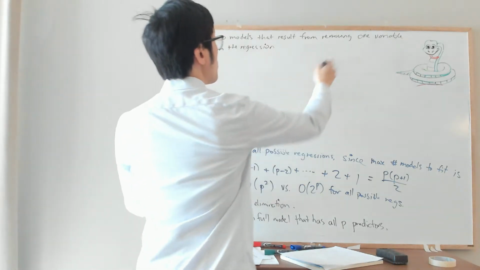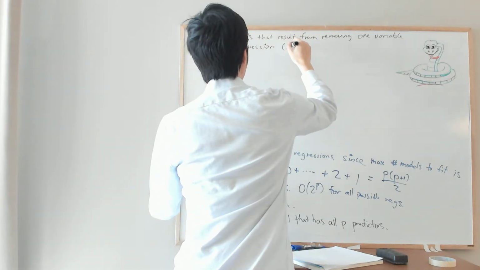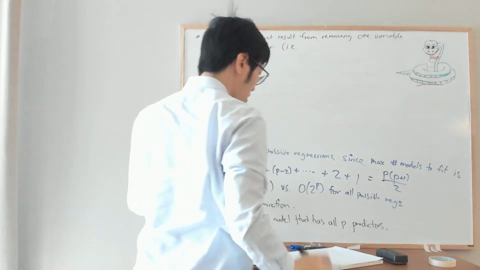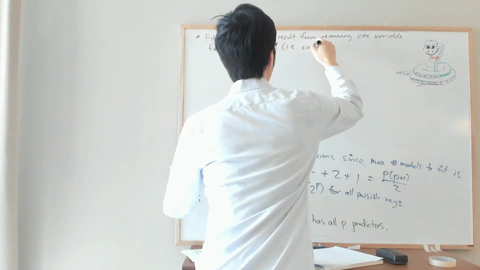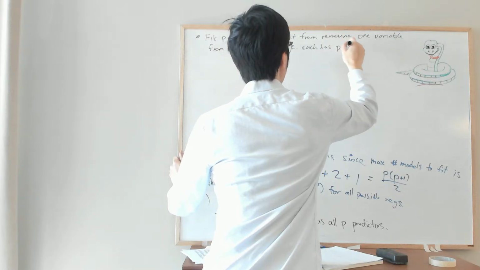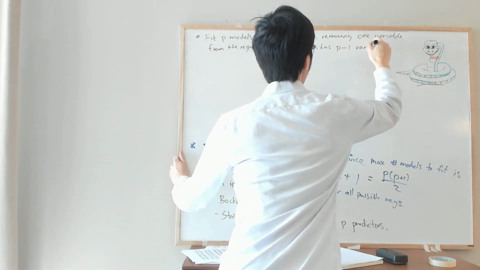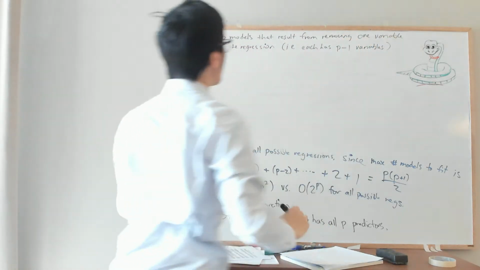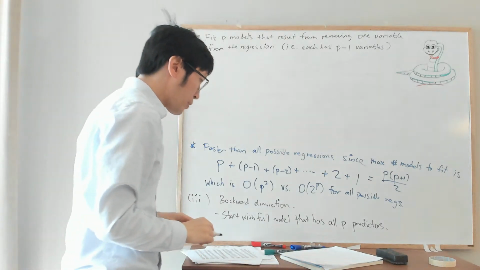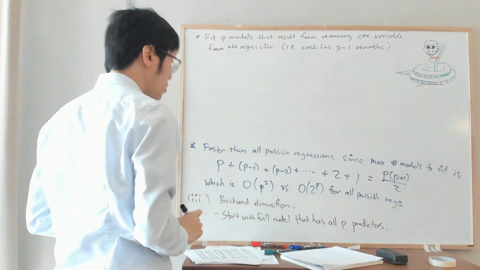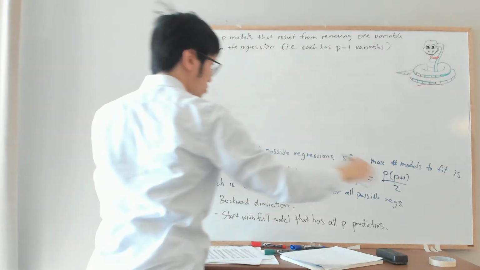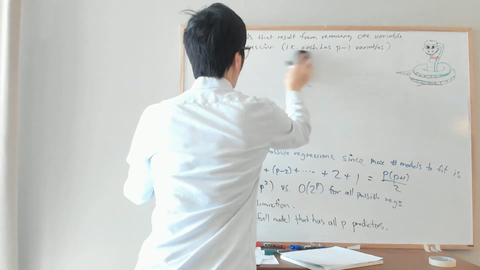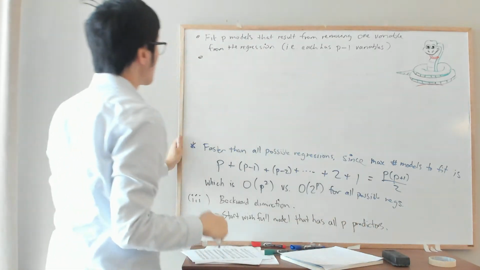Okay, and so if you remove one variable, it means each of these possible regressions of these P has P minus 1 predictors. Each has P minus 1 variables. Much like when we talked about forward, we now do the same thing except it's backwards.